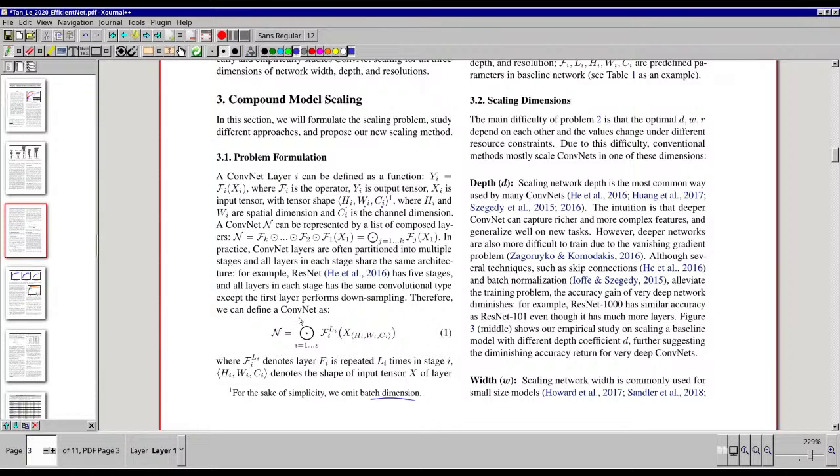Therefore, we can define a ConvNet as the product over stages i of F_i to the power L_i, where F_i^L_i denotes layer F_i repeated L_i times in stage i.